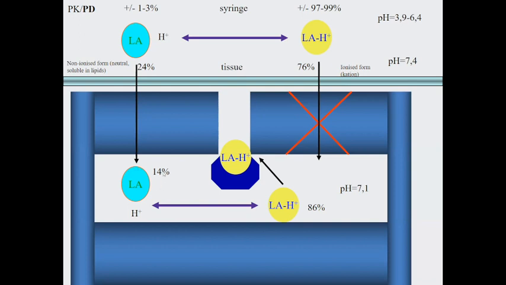Within the cells, it has to again become ionized, and only the ionized form can occlude, can close the sodium channel. It would be much easier if this ionized form could just pass into the cell, but it doesn't happen. So these chemical changes may occur.